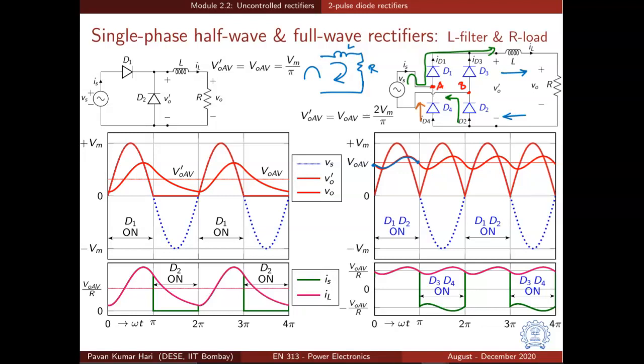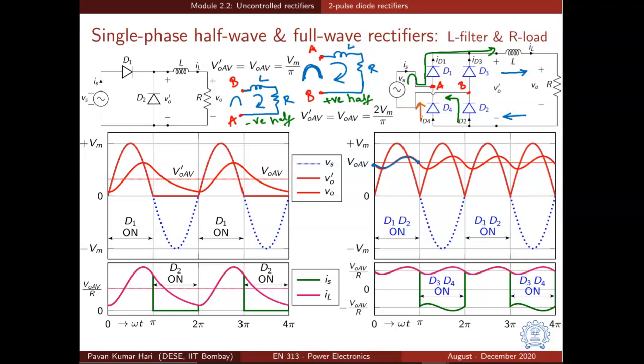So when both D3 and D4 conduct in the negative half cycle, what is the voltage VO dash? VO dash is again, now it is VBA, that is the negative of input voltage. So we have the same waveform appearing across this RL circuit in the positive half as well as the negative half, as shown here.